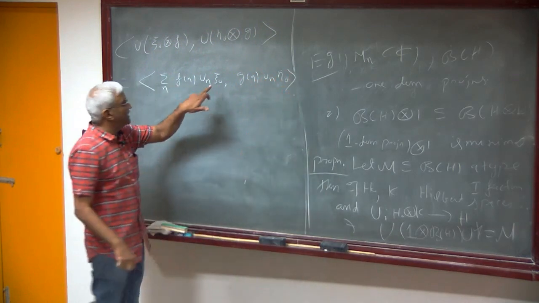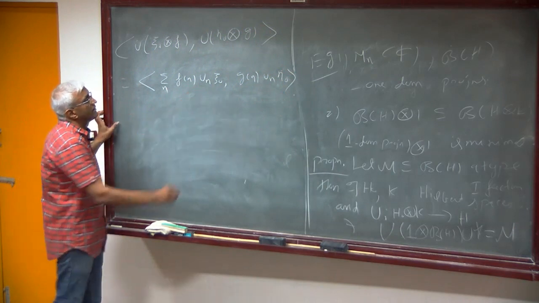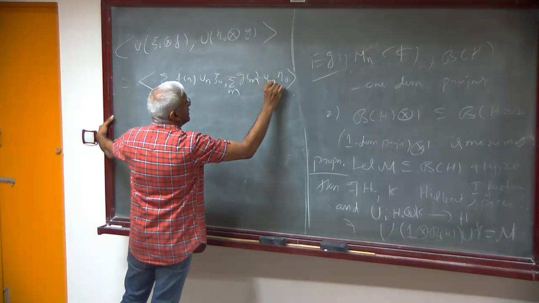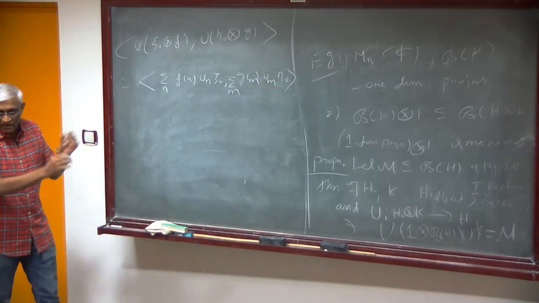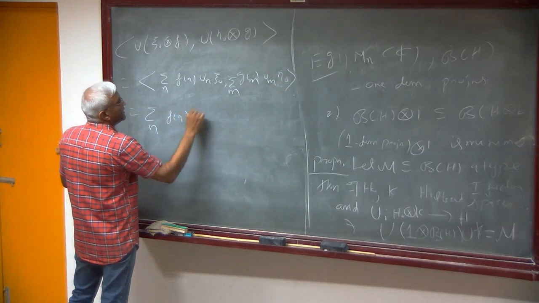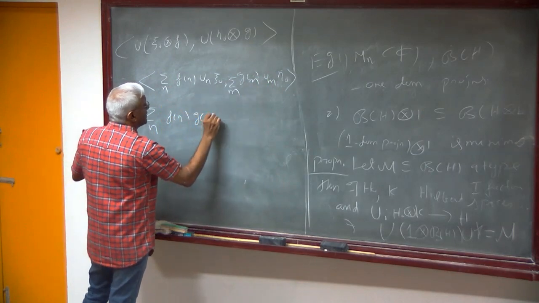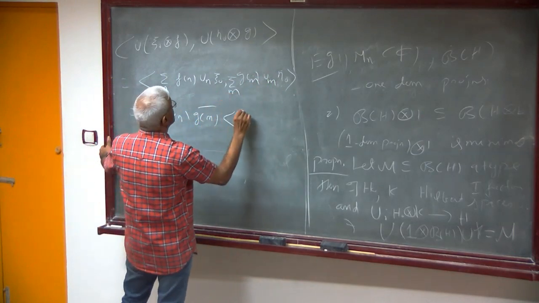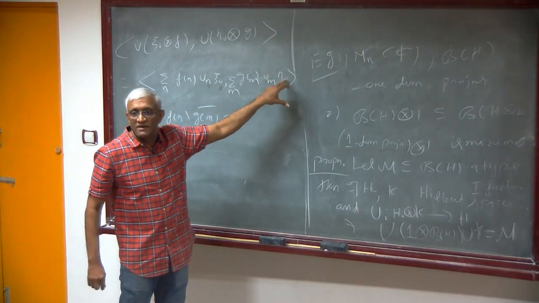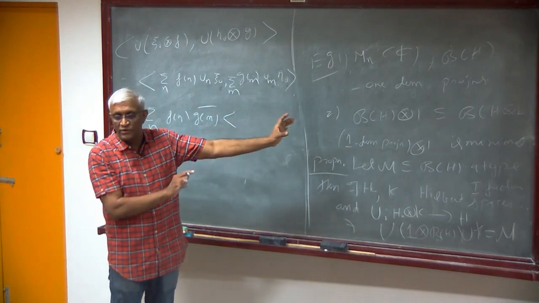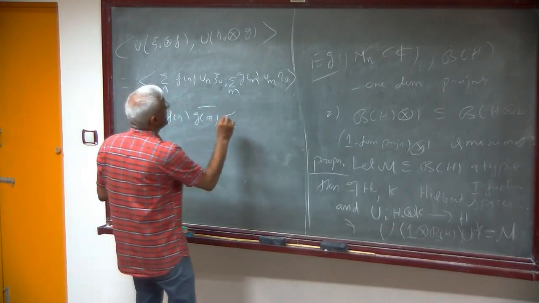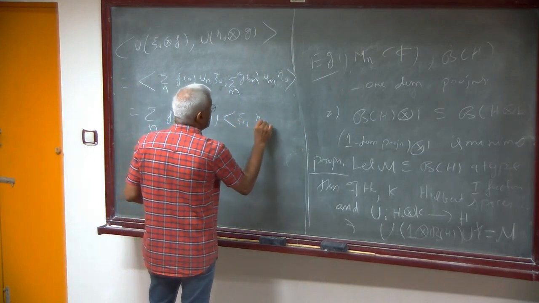And of course, you know that for n not equal to m, they are orthogonal. So this is the summation over n, f of n, inner product g of m bar. Then this is un of xi naught, um of eta naught. It's a partial isometry, which is actually unitary between the range of p1 to range of pn. So this is actually equal to xi naught, eta naught.